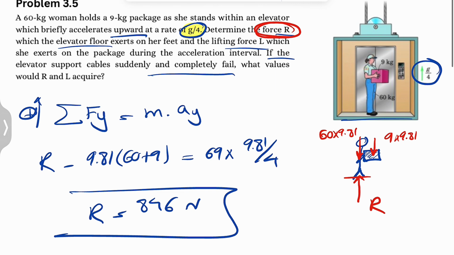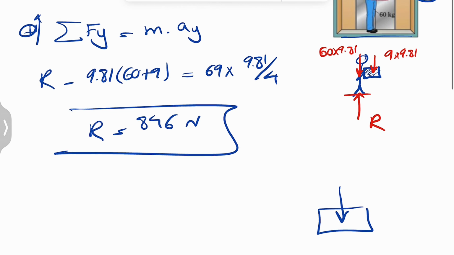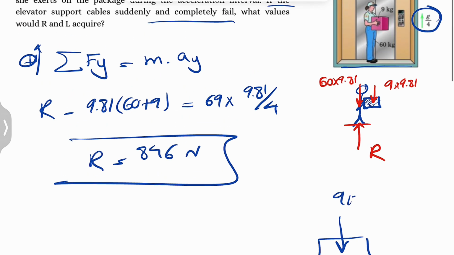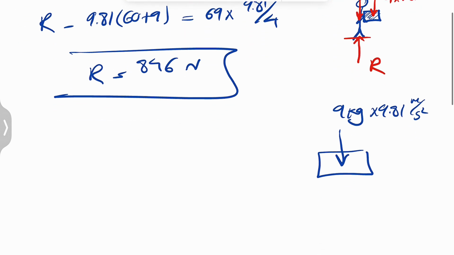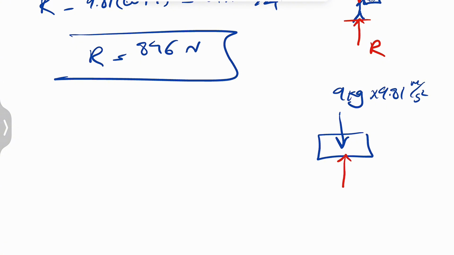So for the second part, we have to find the force that the woman is exerting on the box. So we're going to do the free body diagram for the box. Obviously, again, we have the weight of the box, which is 9 kilograms times 9.81 meters per second squared. So that's going to be newtons, and we have the force from the woman's hands to the box.